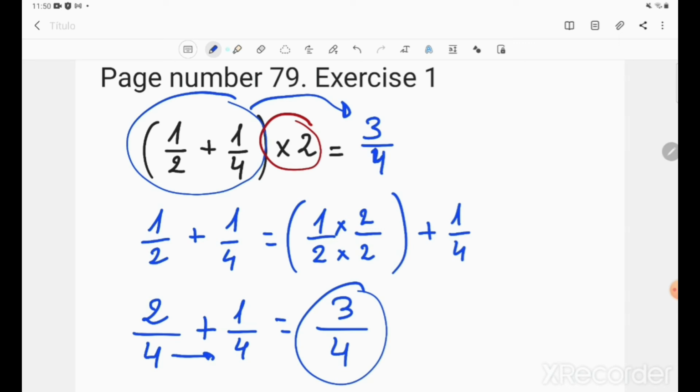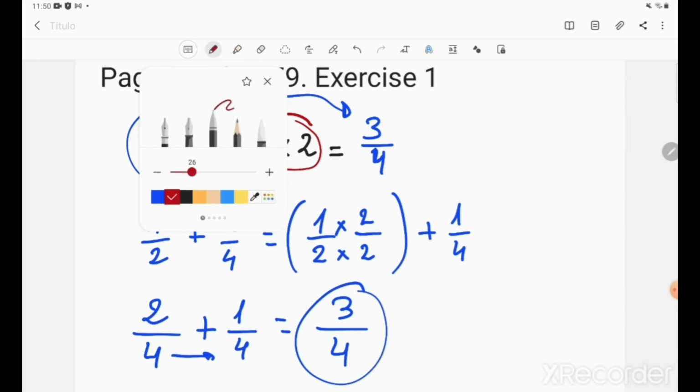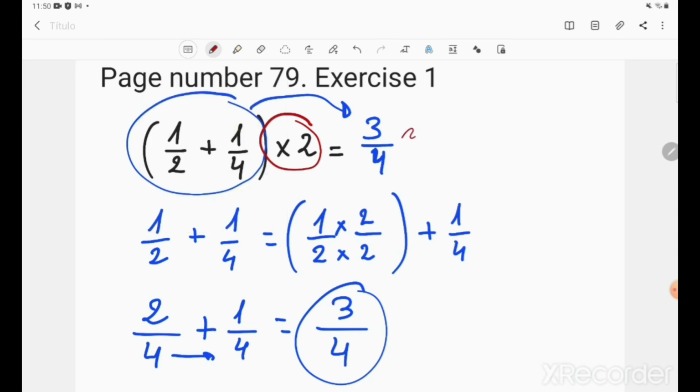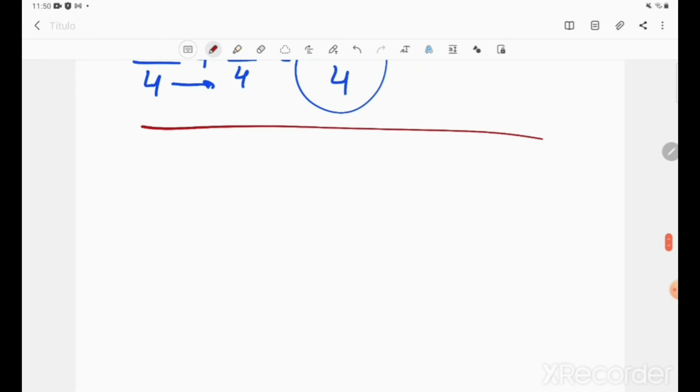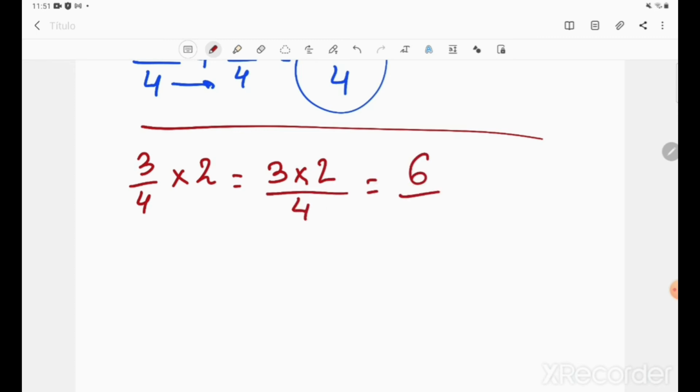Now we are going to multiply by 2. The next operation is to multiply 3 over 4 by 2. How to do that? So easy. We write 3 multiplied by 2 over 4. 3 multiplied by 2 equals 6 over 4.